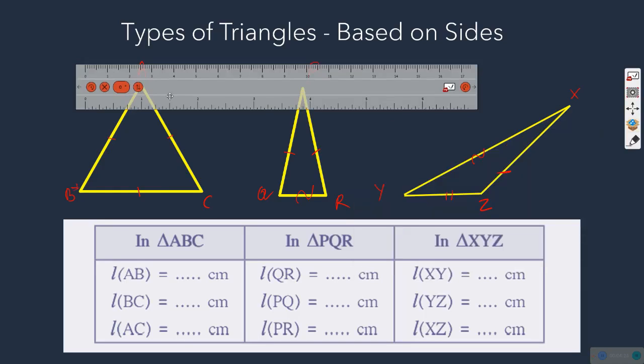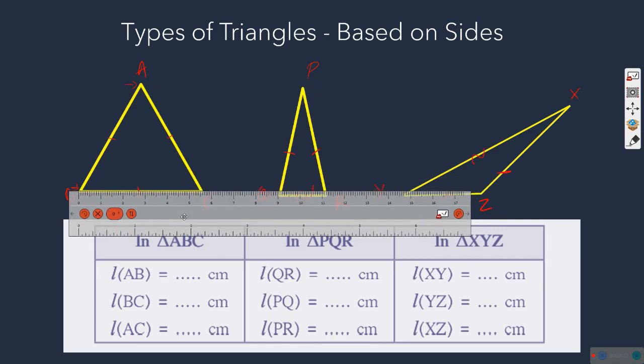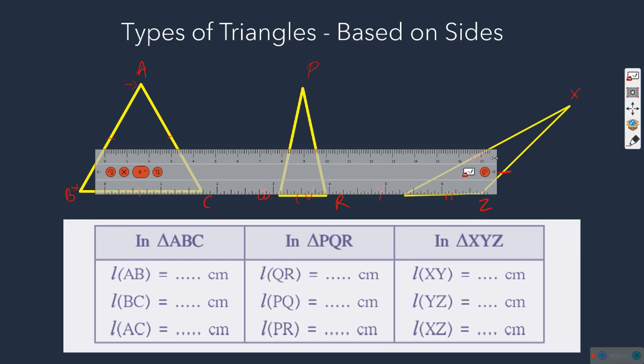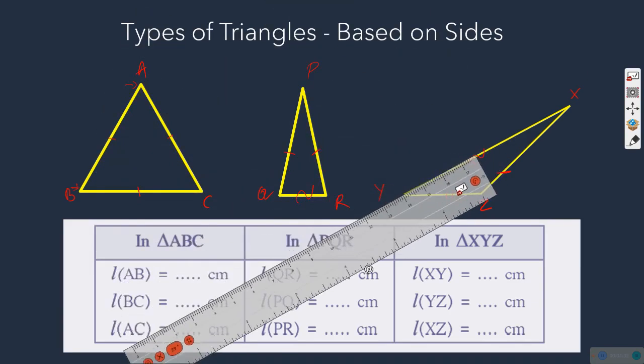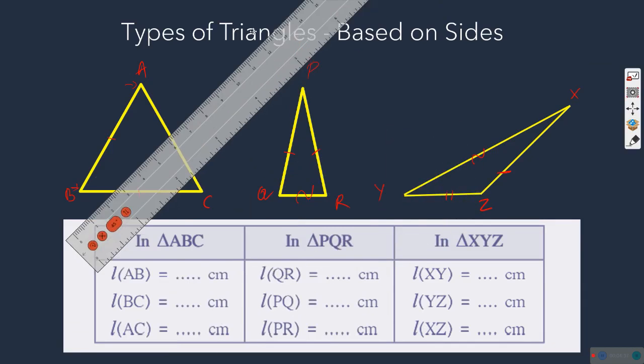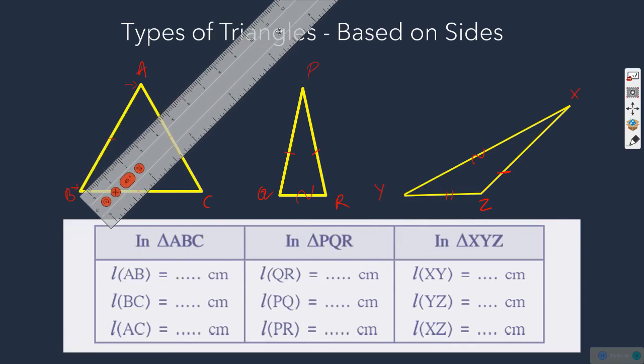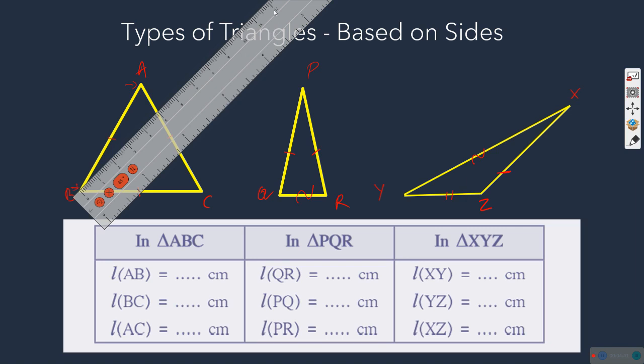It's not a problem. Take the scale here and measure the distance of one side.